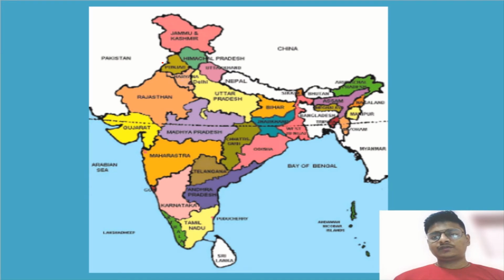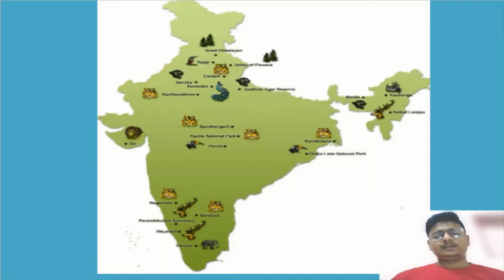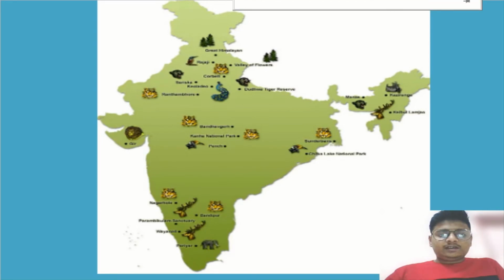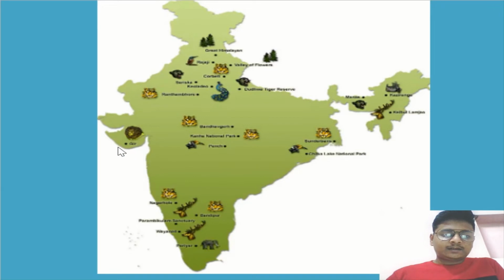Till then, I will show you a few national parks and wildlife sanctuaries on the Indian map. Are you able to see this? The main famous ones I have heard of are Gir, the Asiatic lion, Sundarban, Kanha National Park, like this. Okay, these are a few I have visited also.